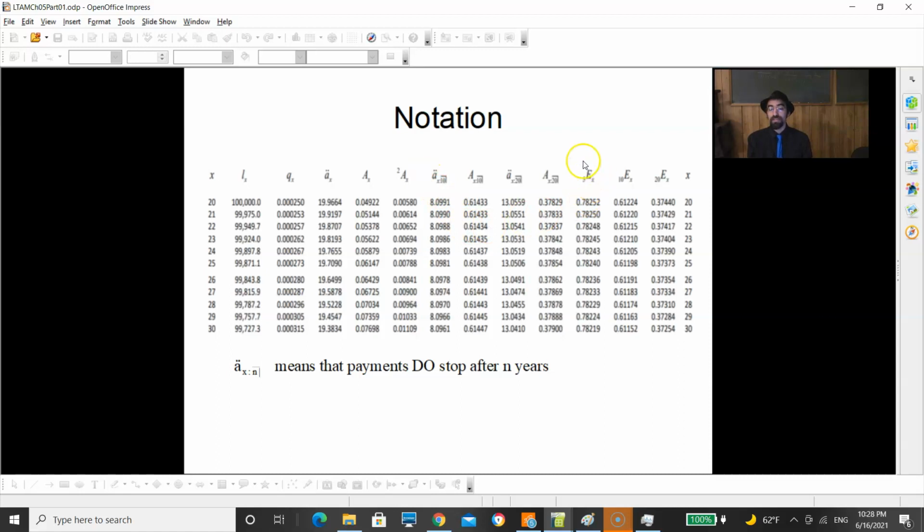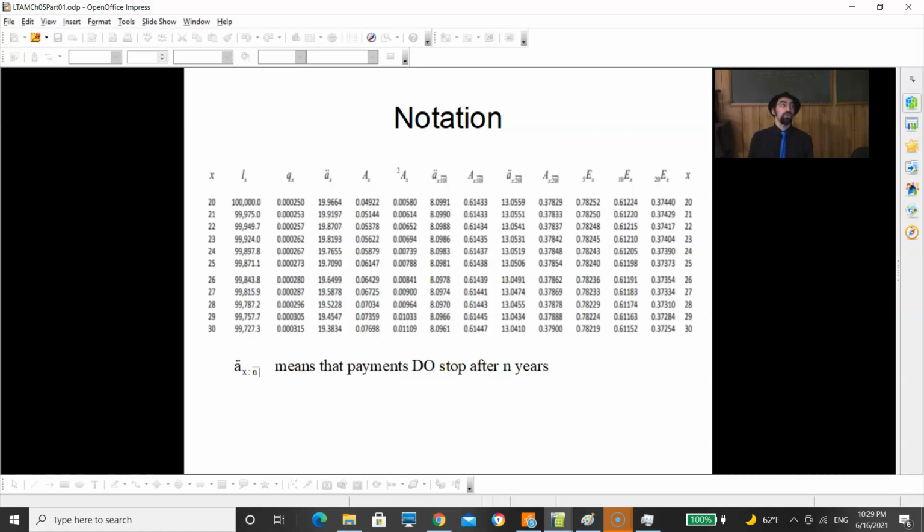Lastly, I'll review these endowment columns because we'll be using them quite a bit. This just means expected present value of an endowment agreement. That means it'll pay 1 if you survive a certain number of years.